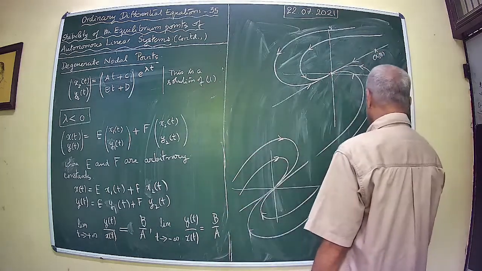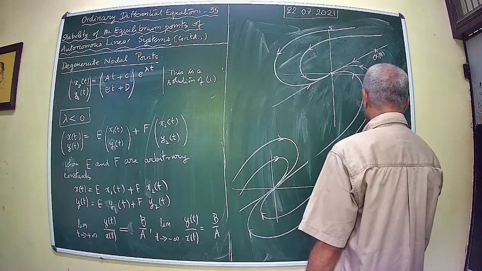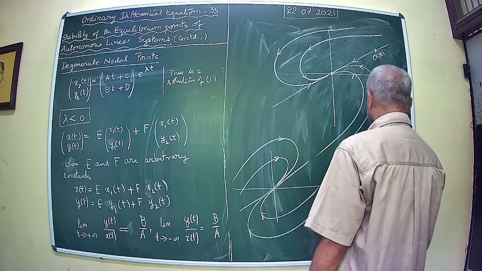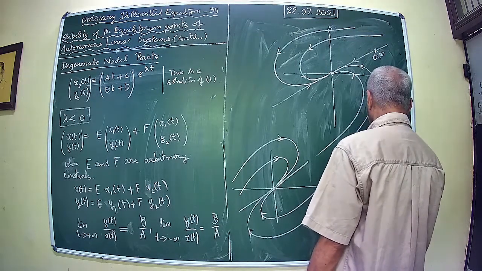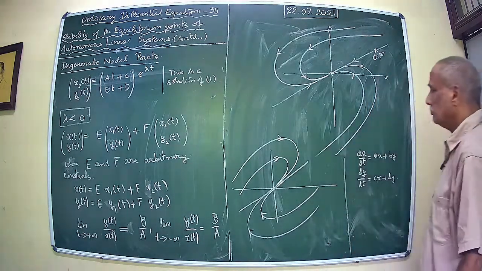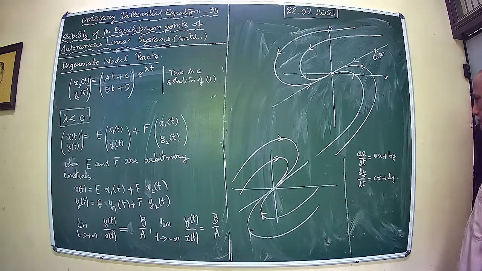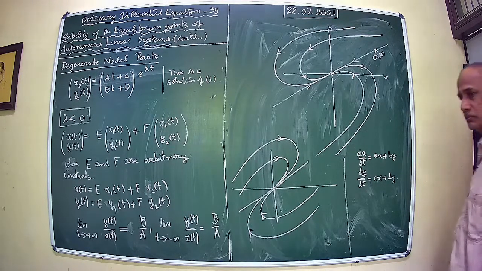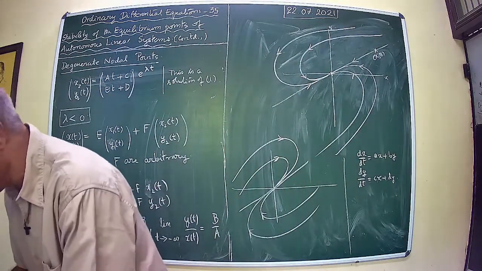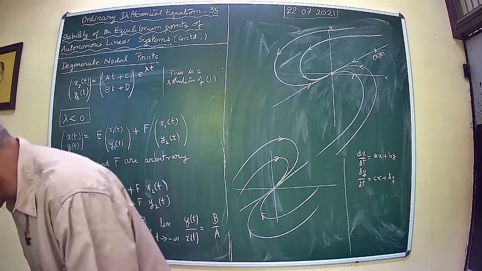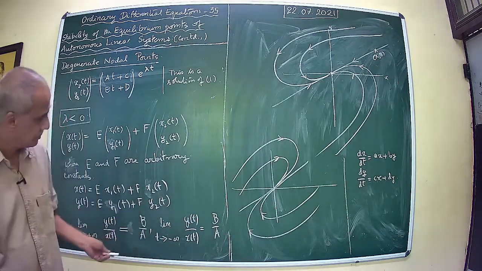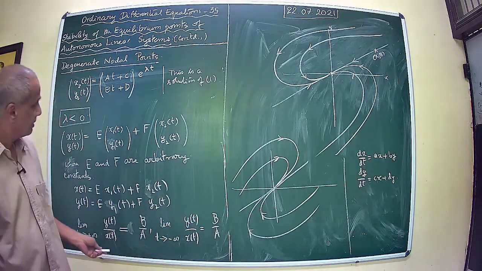The problem is this: dx by dt. Here, what will be the second vector? (A t plus C) and (B t plus D).